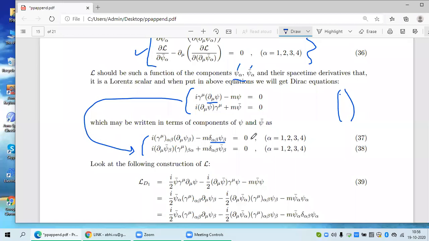Is it clear? Because this equation and this equation are the same. Only this is the component equation, and this is the matrix equation. I just wrote the matrix equation in terms of its components. So here also there are 8 equations. For every alpha there is an equation, beta is summed over.